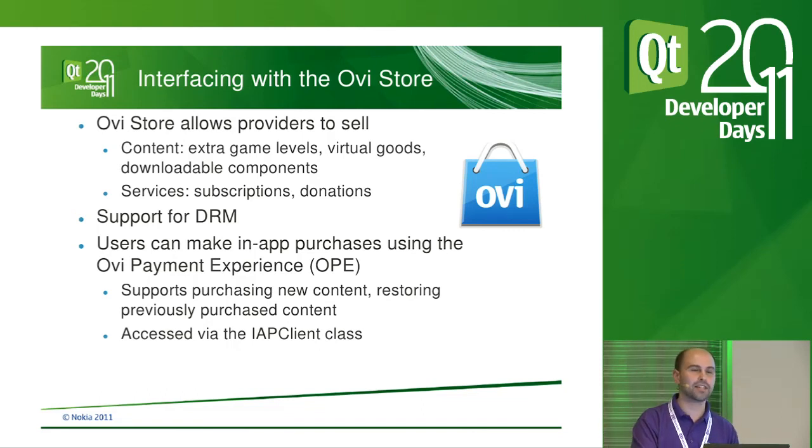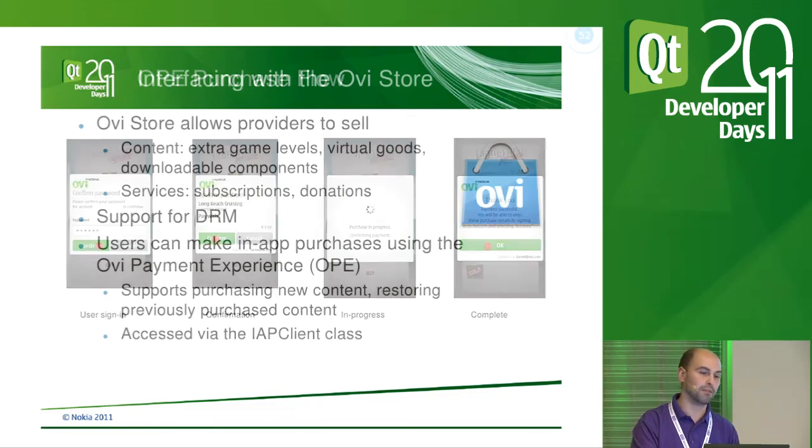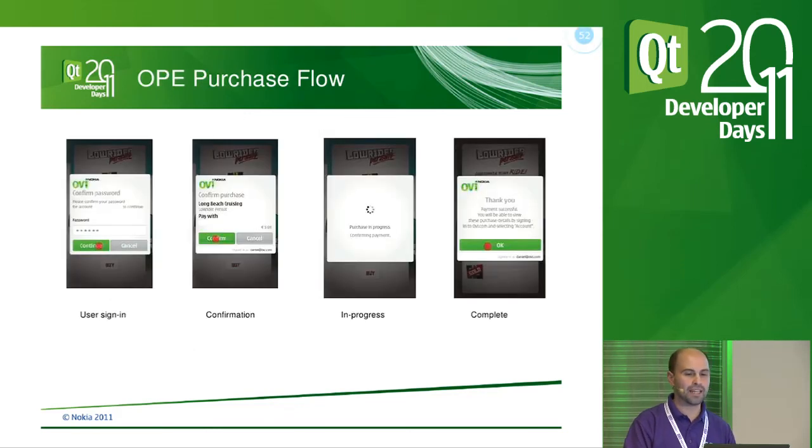So the idea here is that you could sell extra levels, you could sell game items, it could be, well, anything. And the actual process is pretty simple. You just need to define with Ovi what the available things are to purchase, and then your application needs to find out what the user has purchased and enable those features.